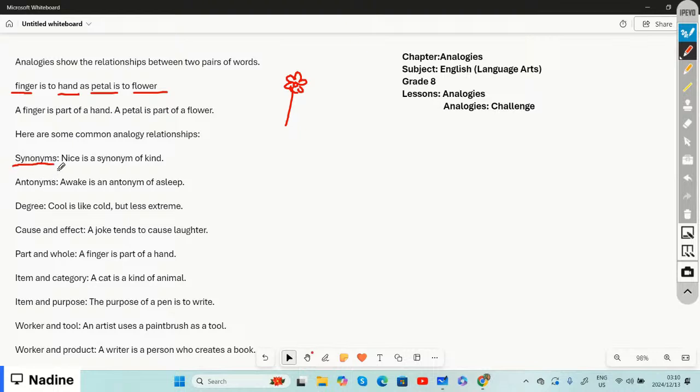For example, nice is a synonym of kind. So another word for being nice is like saying, oh, this person is so kind. That too goes together because the synonym of nice is kind, or the synonym of kind is nice.